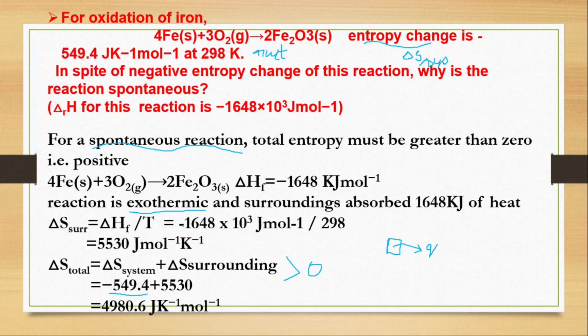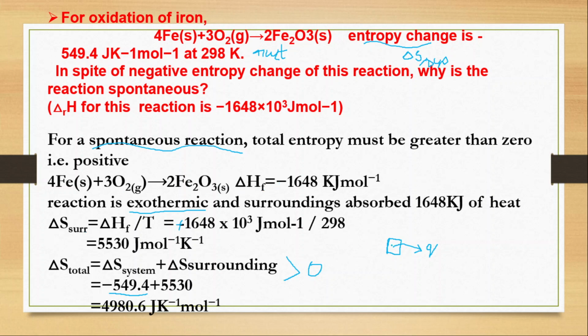When we are writing this, we should not write negative, because for this reaction heat is evolved. For the surrounding, heat is absorbed, so we write it as a plus. It is positive because the surrounding is absorbing the heat. Here the system is losing heat, so that's why it is negative.